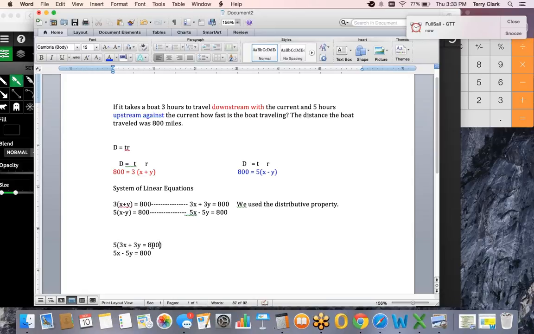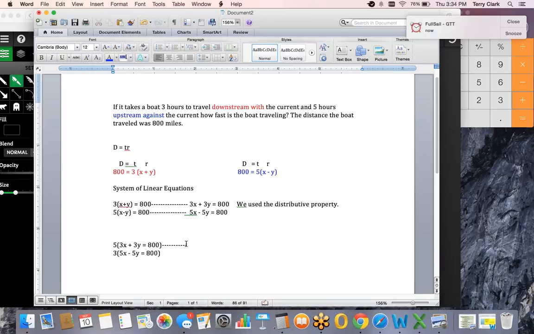Then I'm going to multiply this one right here by 3. They just have to be opposite of each other. So I'm going to try to get rid of the y by coming up with a negative 15y and a positive 15y. 5 times 3 will give me 15y, and then 3 times negative 5 will give me negative 15y. And so that's going to cause them to cancel out when I add them together.